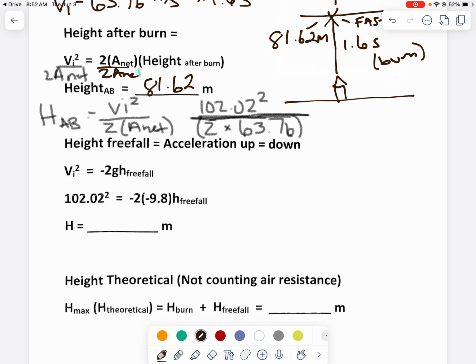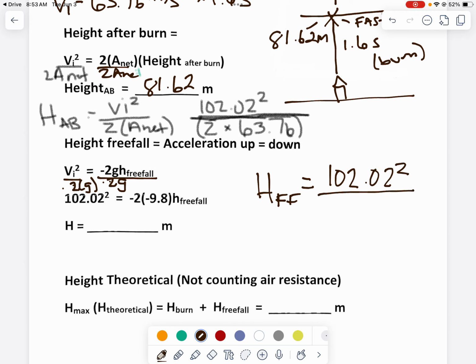And so same thing, we're going to divide by -2 gravity on both sides. So we get something that looks like h of free fall, height of free fall, equals 102.02 squared divided by, we're timesing -2 because that's the equation, times -9.8.